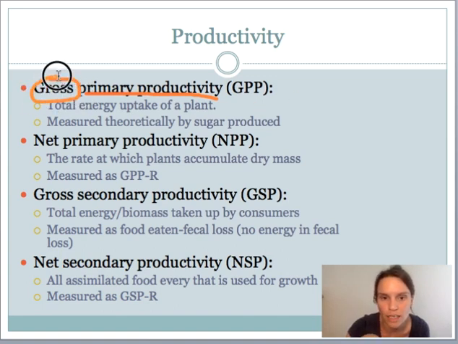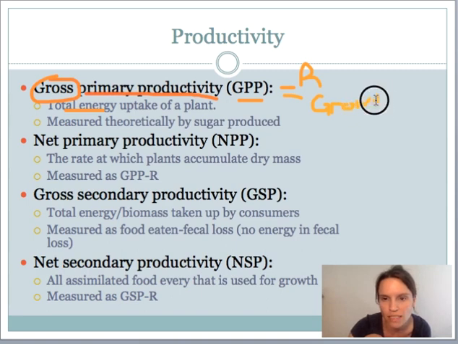Gross primary productivity is the total energy uptake of a plant from the sun. But it doesn't use all of that energy just to promote the next level of a food chain. It needs to use some of it to stay alive. So gross primary productivity goes to power respiration, and it also goes to power growth of a plant.